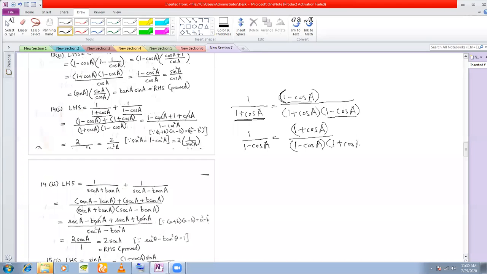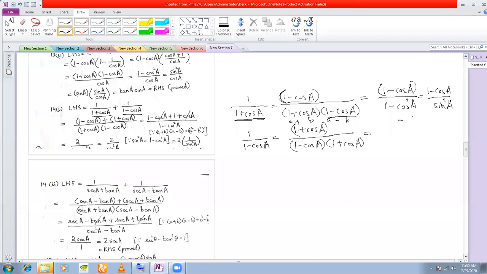The purpose of doing this is that I will get a 1 minus cos A in the numerator, and in the denominator again this will be A plus B into A minus B. So this will become A square minus B square. So that I'll get 1 minus cos A by sine square A.